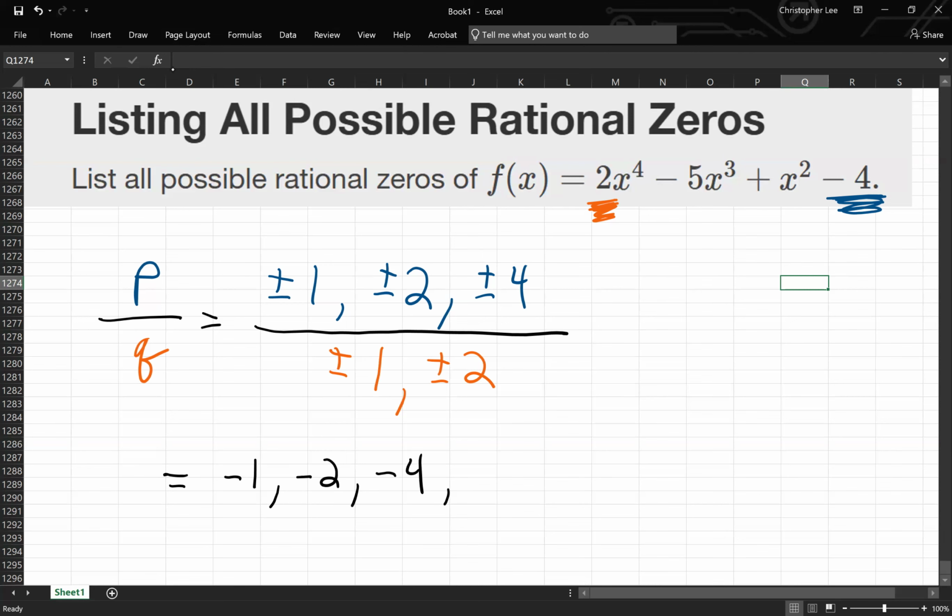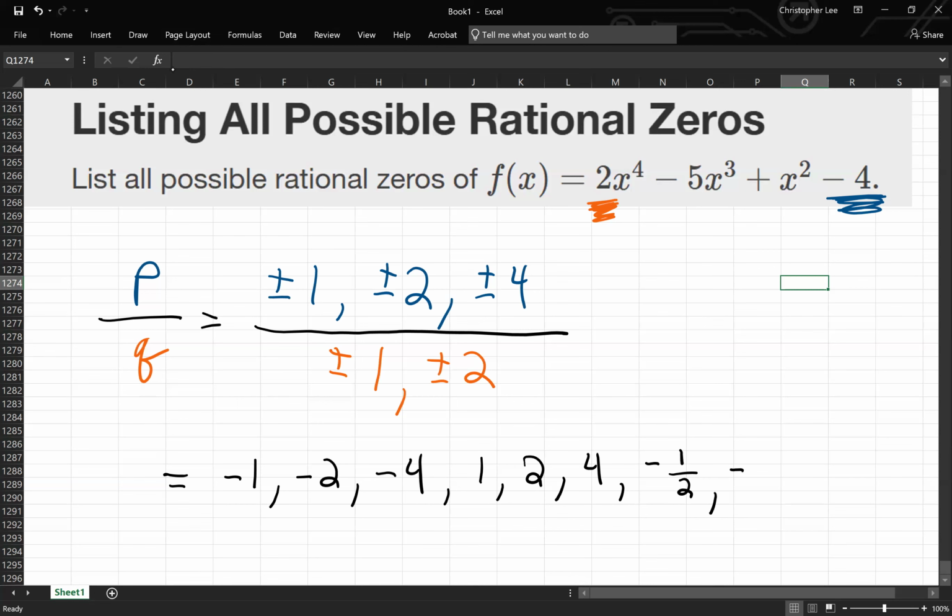I have +1, +2, +4. Let's do the other number in the denominator, the 2. So I have -1/2. I have -2/2, but -2/2 is the same thing as -1. I have that already. How about -4/2? But -4/2 is just -2. I have that already.